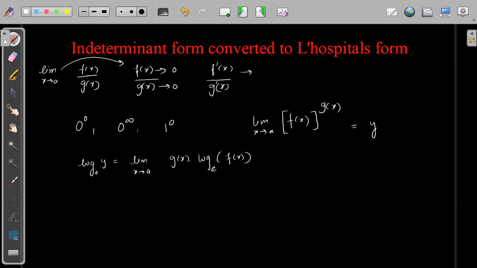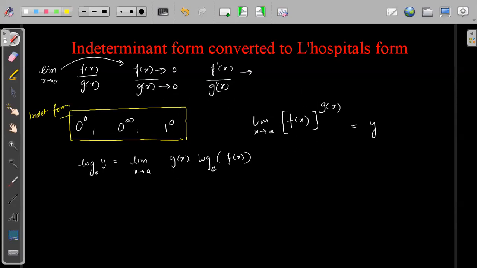So see, suppose we have limits of this form, right? We know these are indeterminate forms, but we cannot use L'Hopital's rule directly on these. That means these questions will be of this form, f of x raised to the power g of x, right?